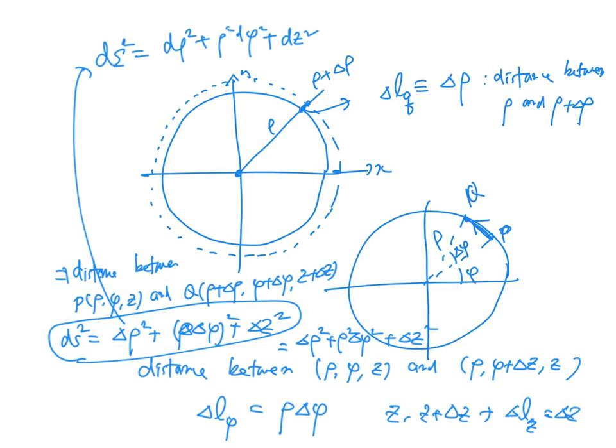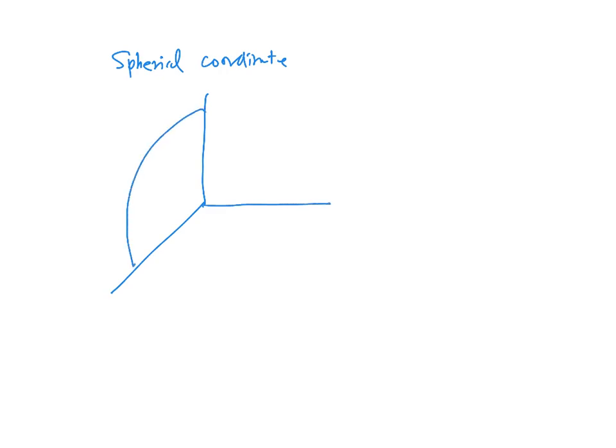Another interesting coordinate is spherical coordinate. This is basically a sphere. R, theta, phi.